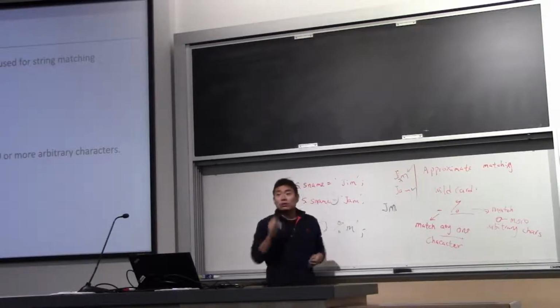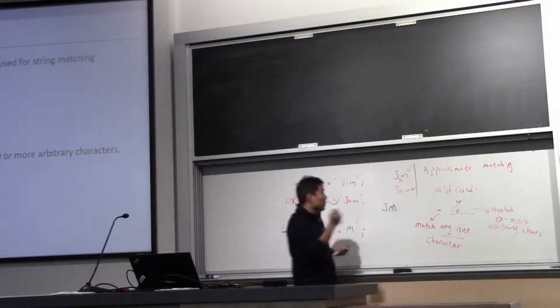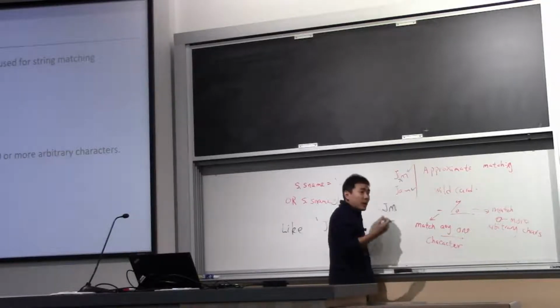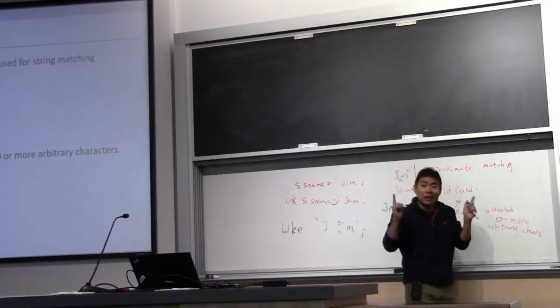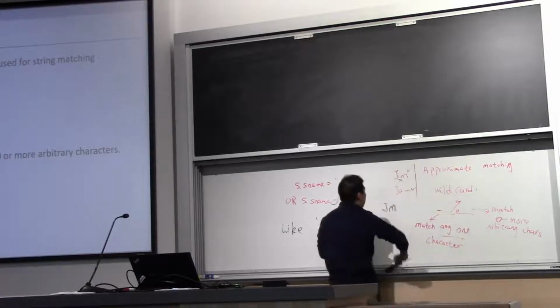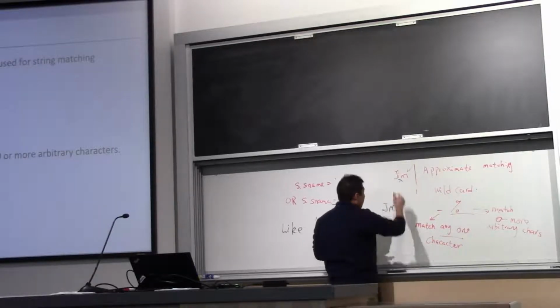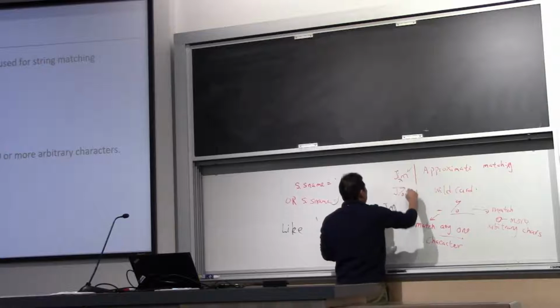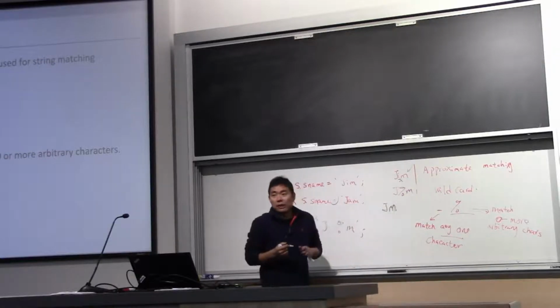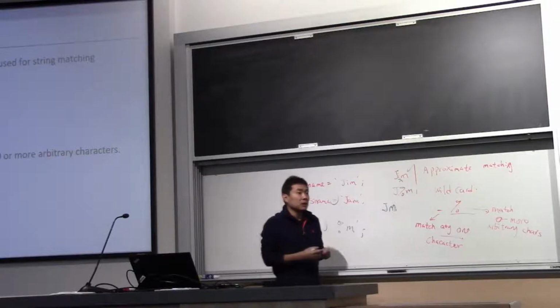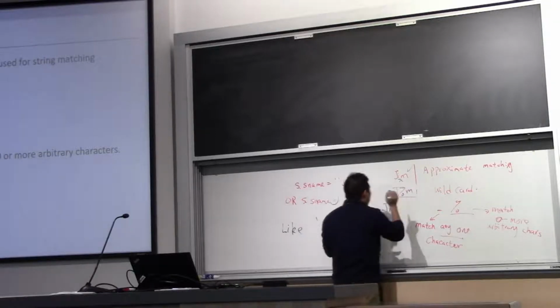So let me repeat the question so the rest of you follow me. What he was saying is, I really want to do an exact search on somebody named J percentage M. You don't find this as a person's name, but maybe somebody uses this as their Twitter ID or whatever. That's possible, right? So I want to do an exact match like this.